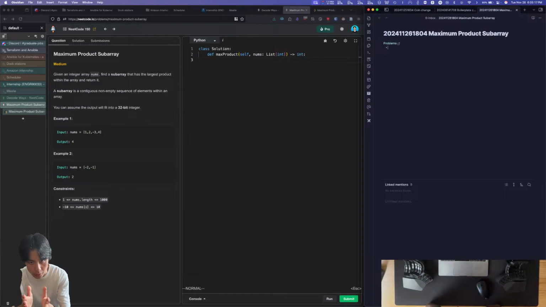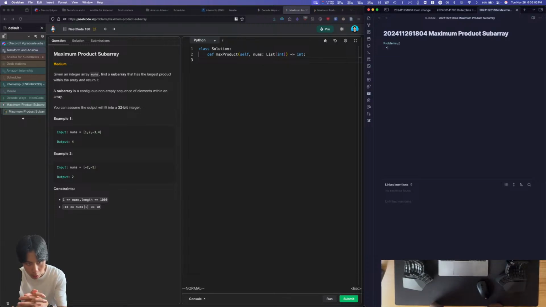Given an integer array nums, find a subarray that has the largest product within the array and return it. A subarray is a contiguous, non-empty sequence of elements within an array. You can assume the output will fit the 32-bit integer.